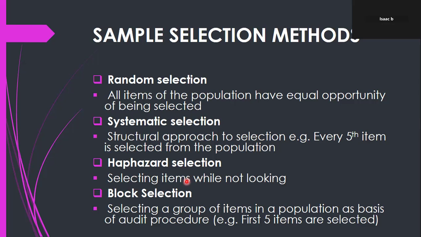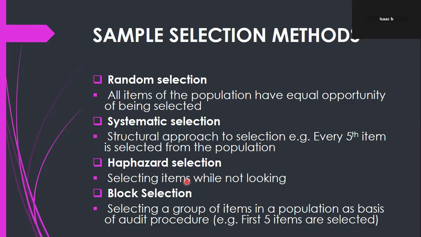Then you count 5 more, right? Invoice number 10, that's the one you extract. Then after 5 again, invoice number 15, that's the one you sample. Then after 5 again, that's 20. Invoice 20 is the one you pick. So that's more structured, and it's called systematic selection, right?